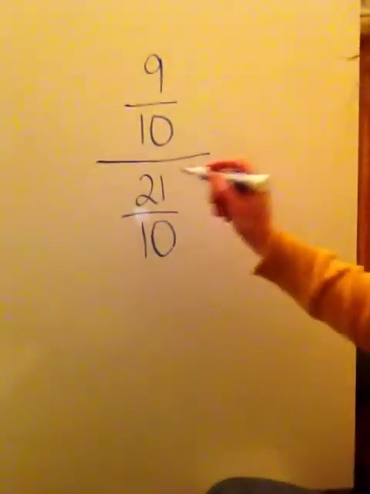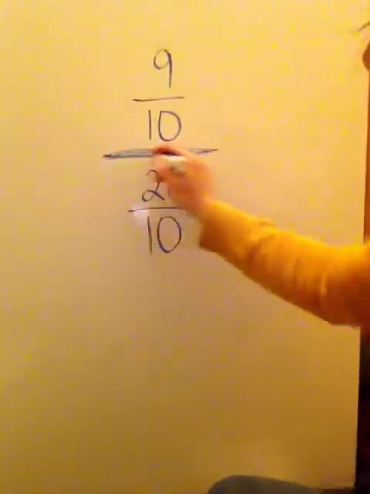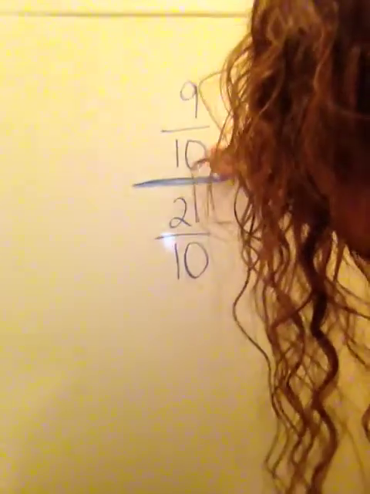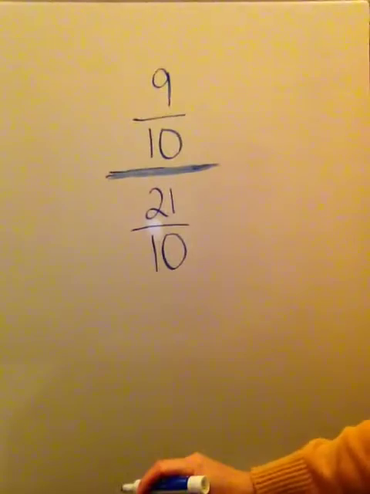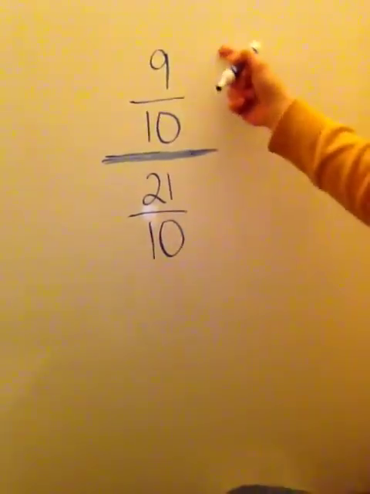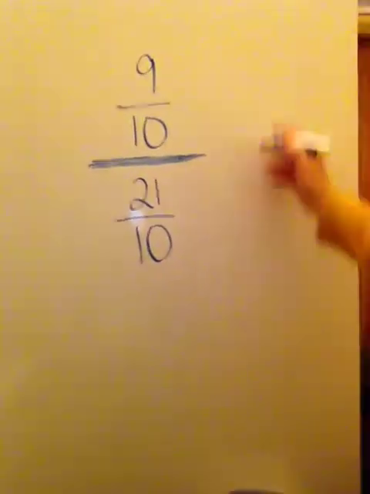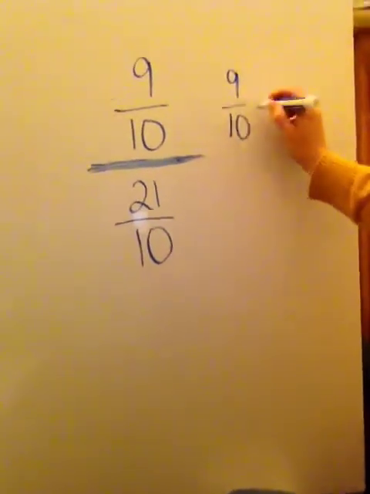But if you remember, these signs in our fraction are just another way of writing division. So I made that one more bold, so hopefully it would stand out that this is a fraction divided by this fraction.